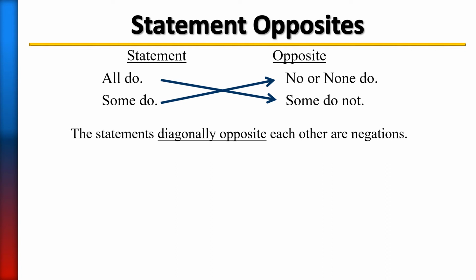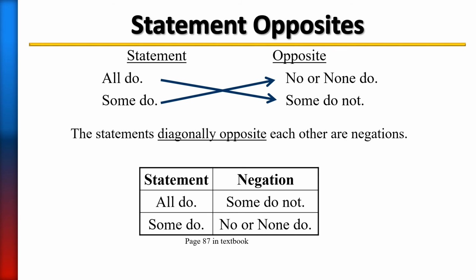So just think about that. If you ever get stuck, or if you can't remember the chart that's in your textbook, I believe it's on page 87, it has a chart that outlines exactly how it should be. For example, all do, when you negate that, you say some do not. Some do, when you negate that, you would say none do.